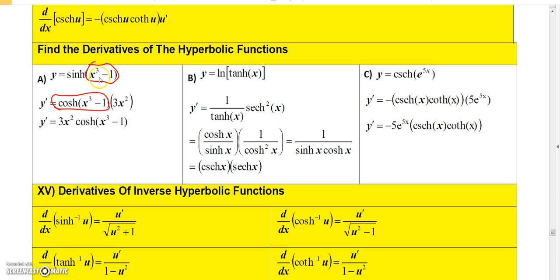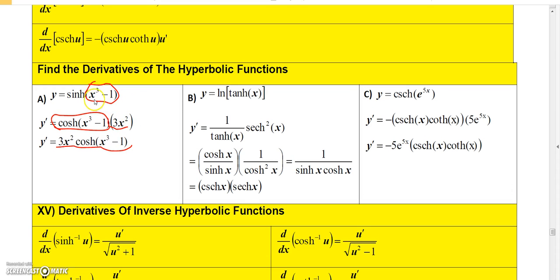So the derivative of x cubed minus 1 would simply be 3x squared. So then my result is just 3x squared times the hyperbolic cosine of x cubed minus 1. So in this case, the u was x cubed minus 1.